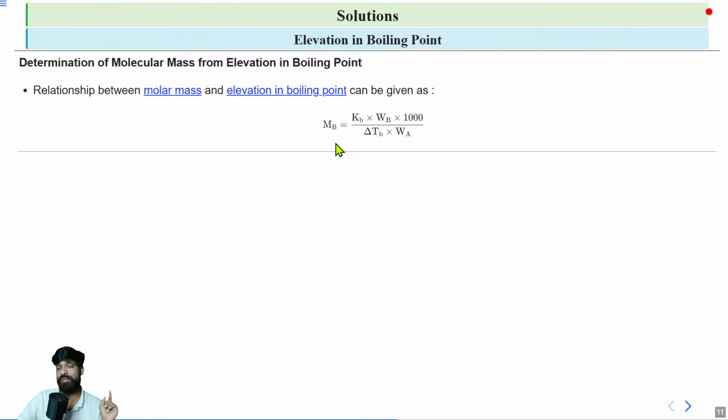So if you extend your formula in the previous slide that you have seen with MB, WB and WA, you will find that your molar mass of the solute can be calculated by using MB is equals to KB into WB into 1000 by delta TB into WA. So what we have done here, we have expanded the molality. What is molality? Number of moles of solute present per kg of the solvent, right? So this is the mass of solvent, and in place of the number of moles, we have taken the given mass, which is WB by MB. Okay, so we have just expanded our previous formula.